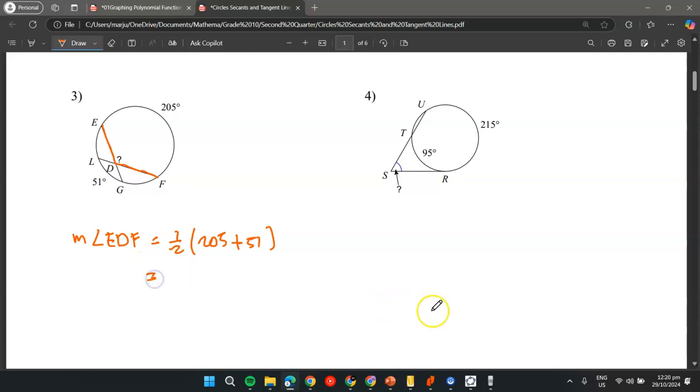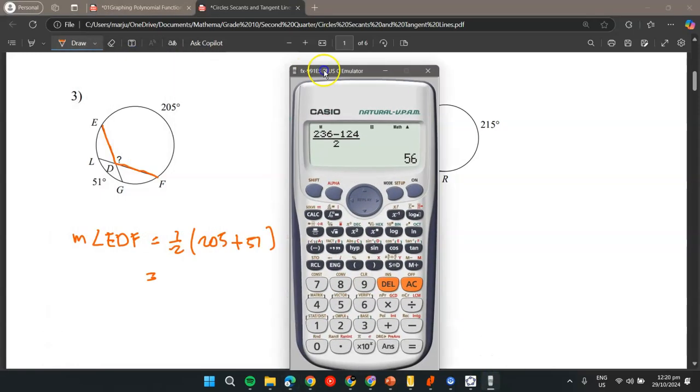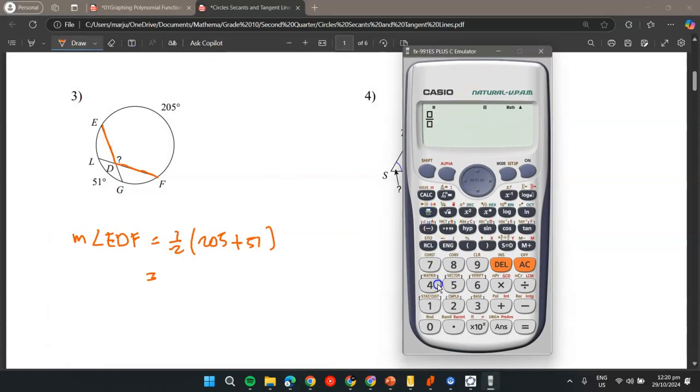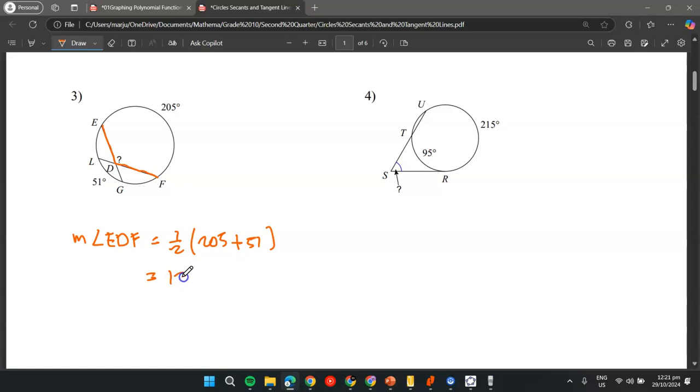Let's get the calculator: 205 plus 51 divided by 2 is 128. So this measures 128. Again, we are just applying the different theorems with respect to the circle.